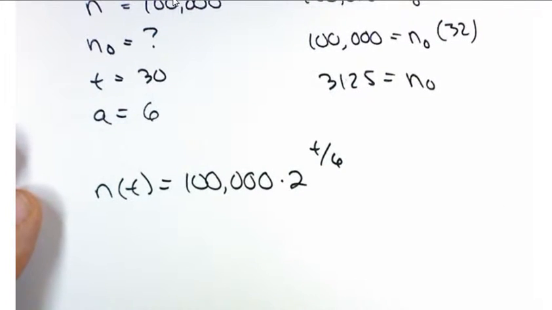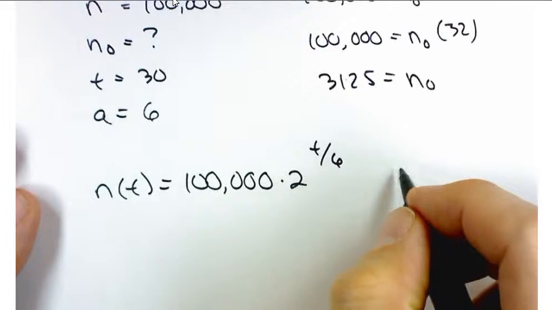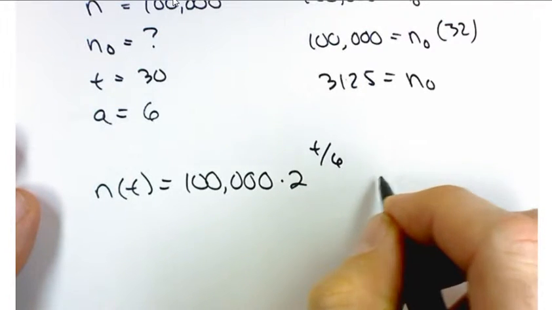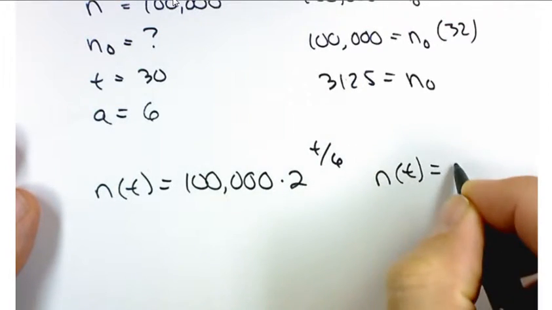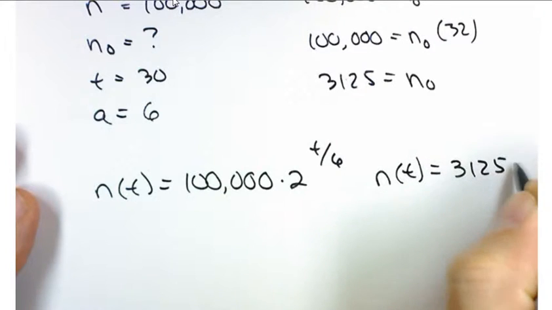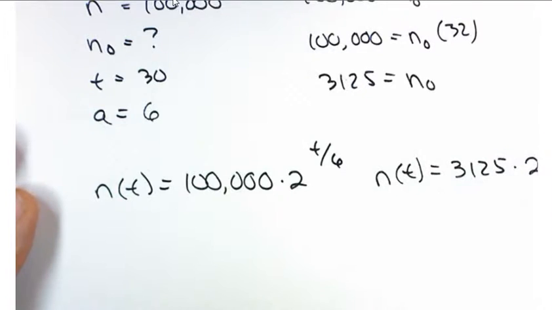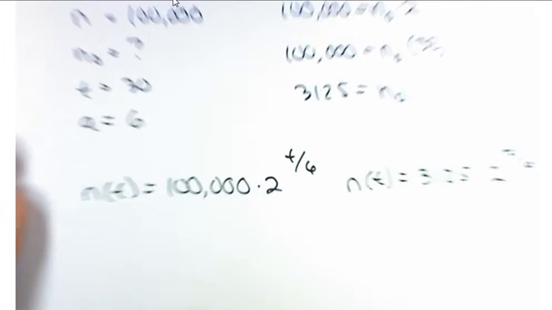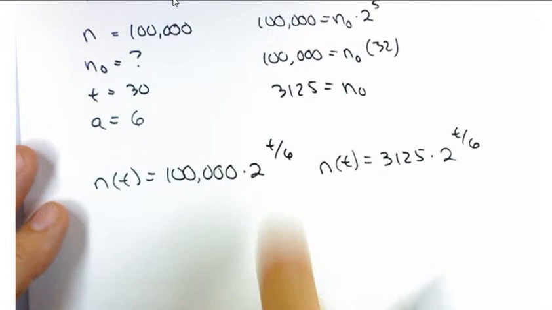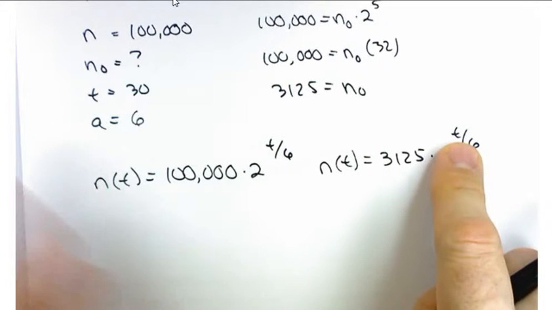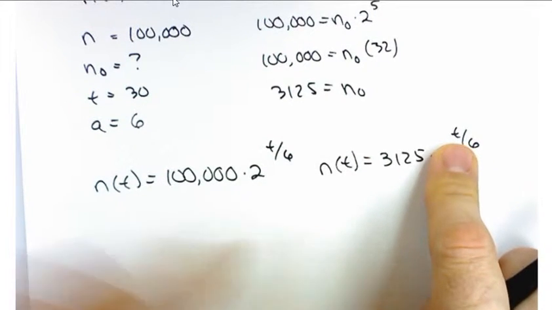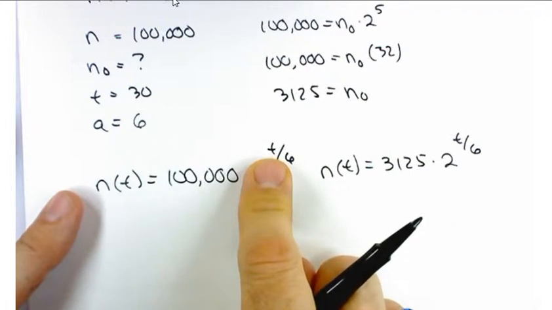The other way to do that, and it'd be an equivalent way, would be to use the 3,125 times 2 to the t over 6, except if I'm going to use that model, then for 10 years from now, I'm really going to be putting in a 40 here, whereas over here I'm going to be putting in a 10.